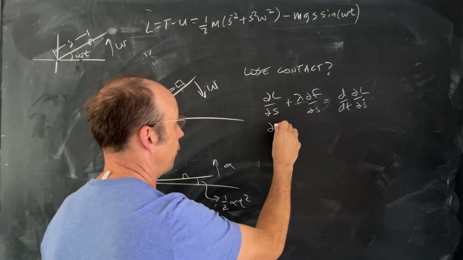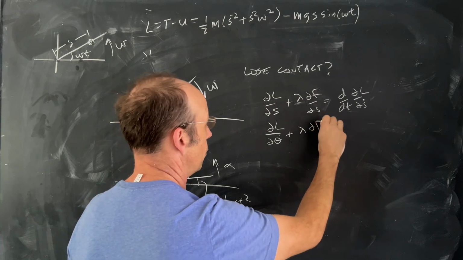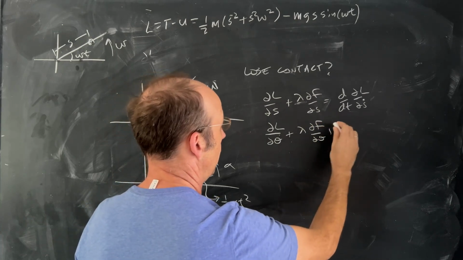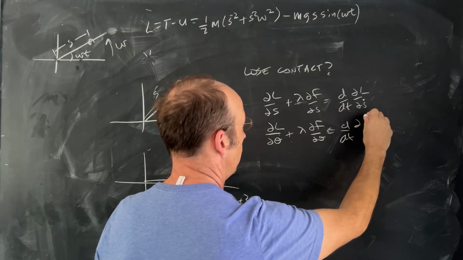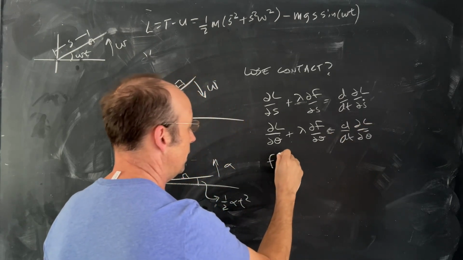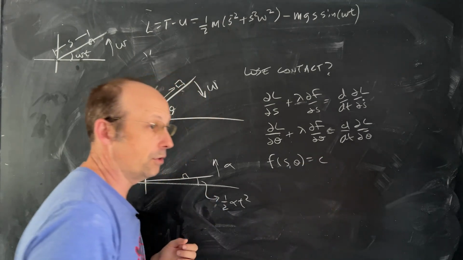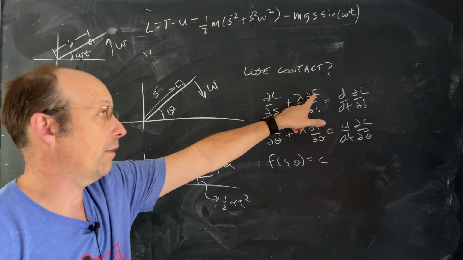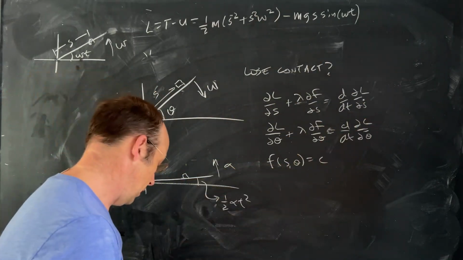And then I'd have another one for theta. The partial of L with respect to theta plus lambda partial of F with respect to theta equals d/dt of the partial of L with respect to theta dot. And then F, a function of S and theta, equals a constant. You can use that. And then lambda partial of F with respect to S is your constraint force. And you'd want to say, when does that go to 0?